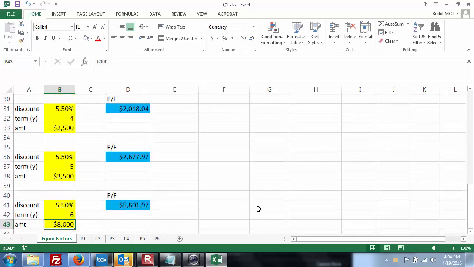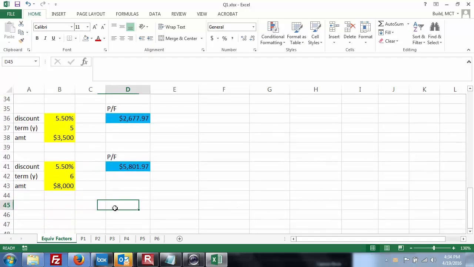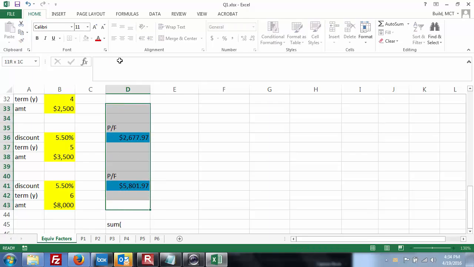Okay. So now I should be able to just say equals sum. I think just grab this whole column now.